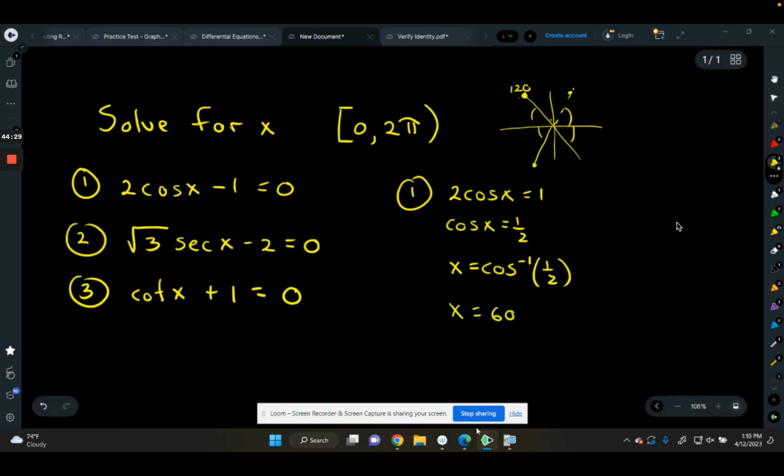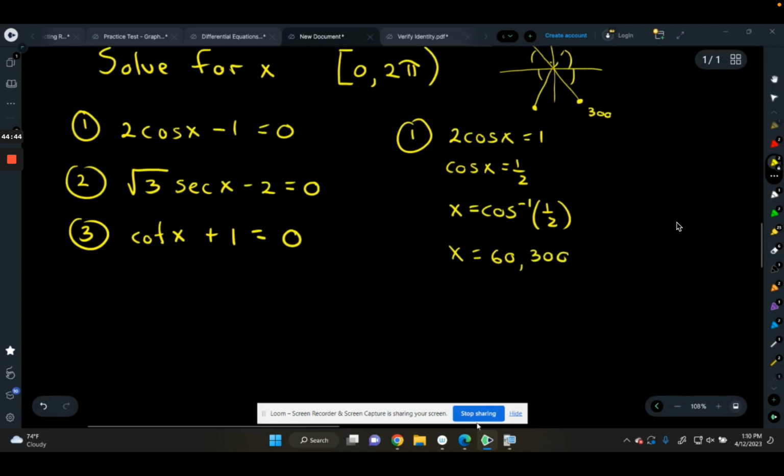How about down here at 240? Does that work? No, because the x is negative. How about at 300? Does that work? Yes. Okay, so now we have to change them to radians. So this 60 degrees is pi over 3.